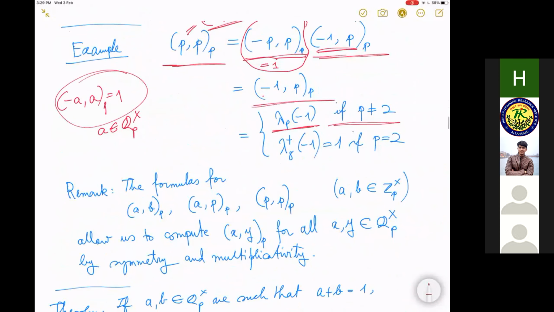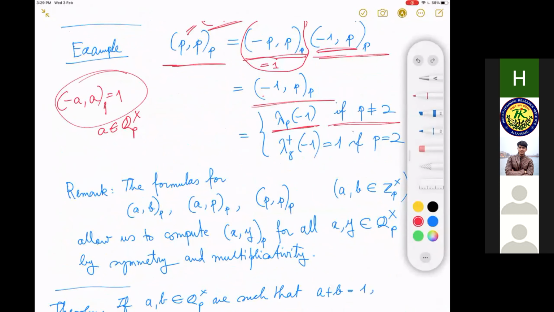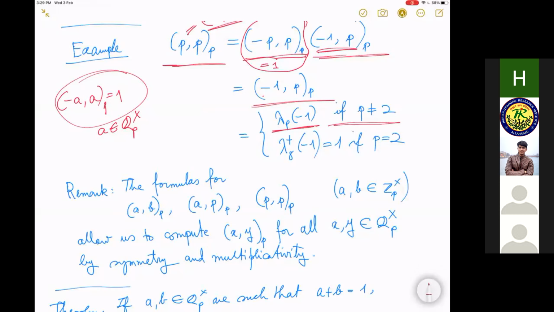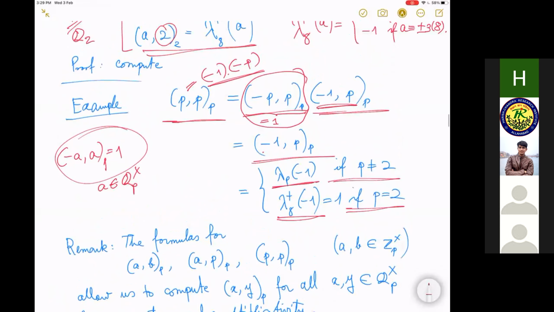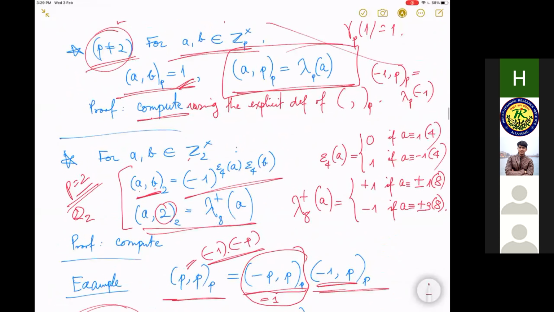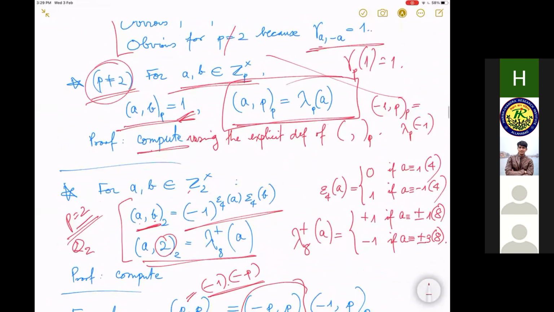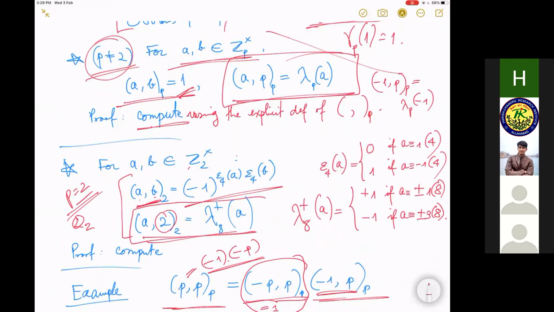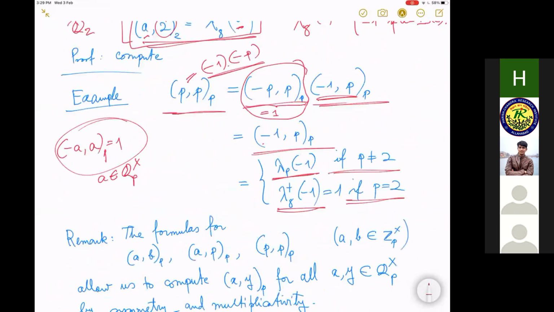That (minus 1, P) is lambda P of minus 1 if P is different from 2, and it's lambda 8 plus of minus 1 if P is equal to 2. That's also part of this thing. That is a special case of this, A is equal to minus 1. This is what it is.